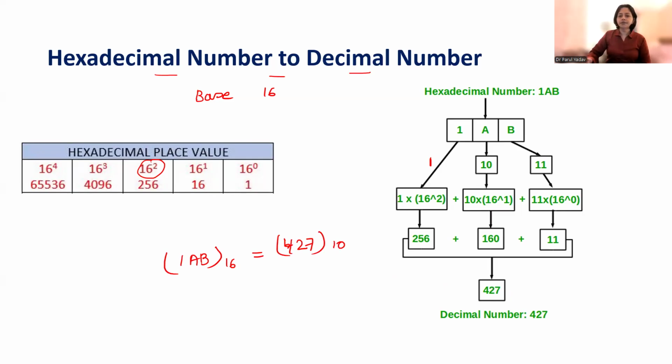Easy class, I hope. Till now we have discussed how to convert a decimal number into binary, octal or hexadecimal, and then how to convert a binary, octal or hexadecimal number into decimal, right?